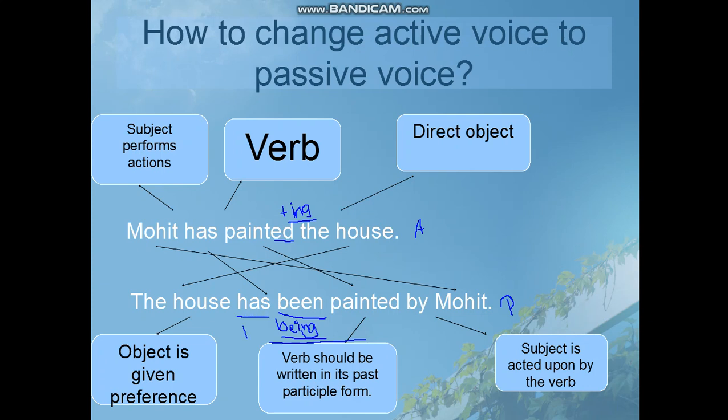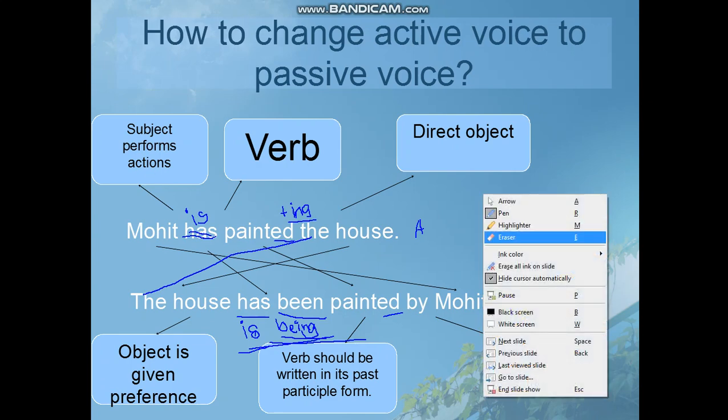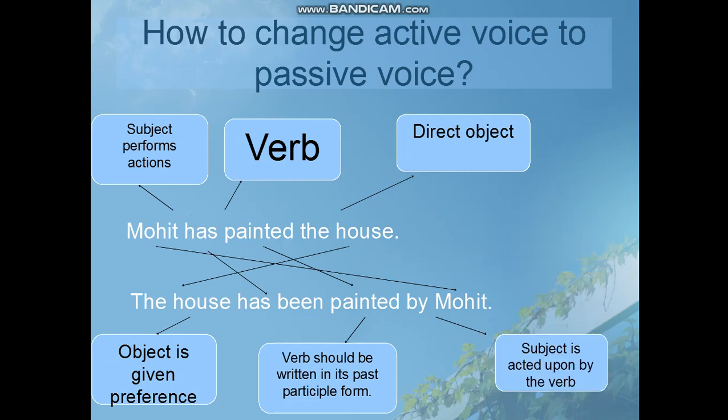Has will also change to is if it is ing. Painted will be the same in both sentences, but here it is ing: the house is being painted. I hope you have understood what I'm trying to explain.